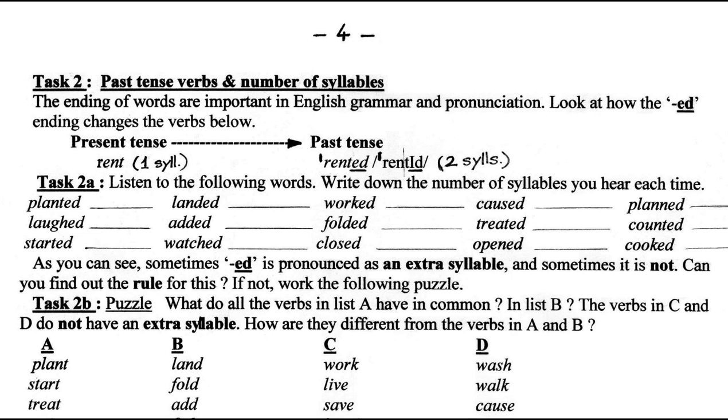Next. Opened. Yes, we have 2 syllables, o and pened. Opened. And finally, cooked. So how many? Yes, just one syllable.